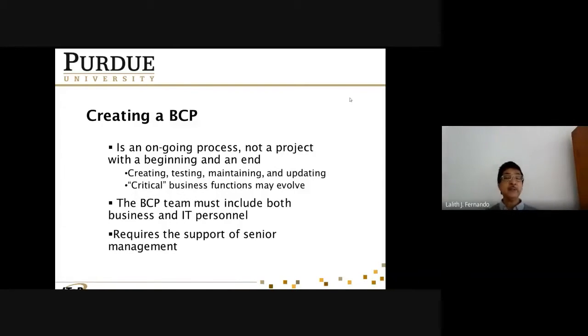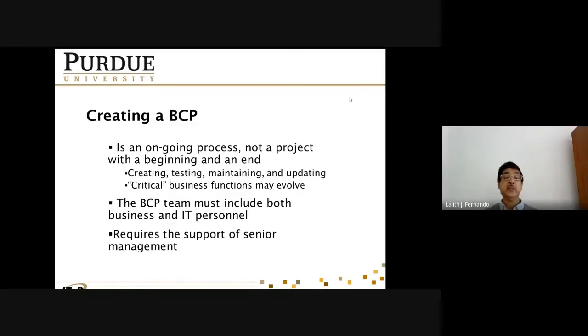Creation of a BCP is an ongoing process. There's no beginning and no end; it's a never-ending journey, because every day you can make updates. Sometimes business processes or functions evolve. I think this is a very important phenomenon in the business continuity plan.